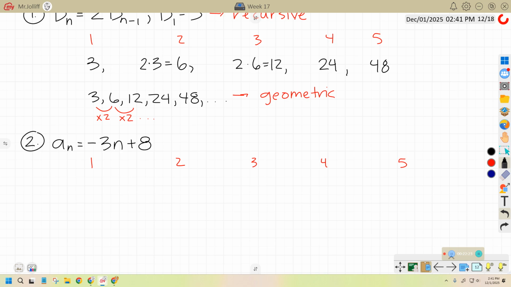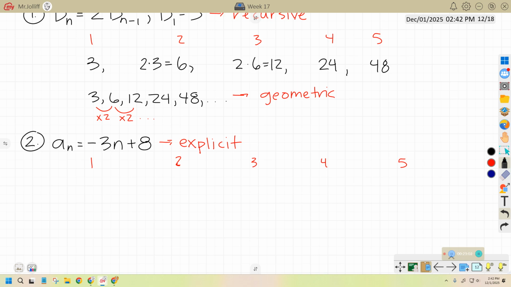Looking at that formula that they gave us, is that explicit or recursive? Explicit. How do you know, Luis? Very good. This one has the variable n, not a of n minus 1. So this one is explicit, which means all I have to do is grab the term number, plug it in for n, and find the value that the formula spits out.